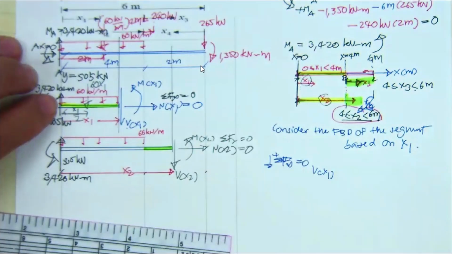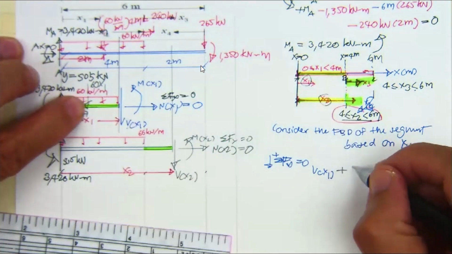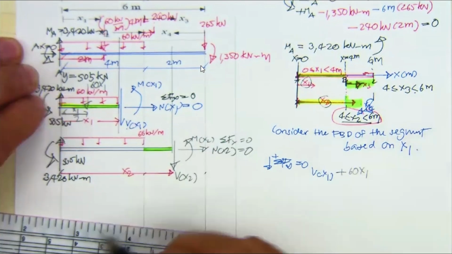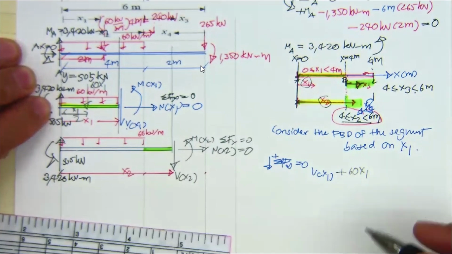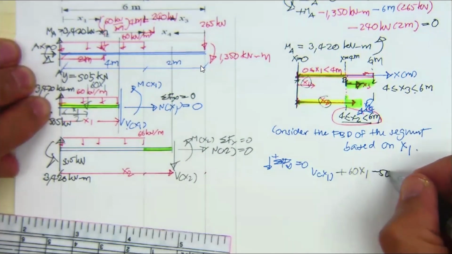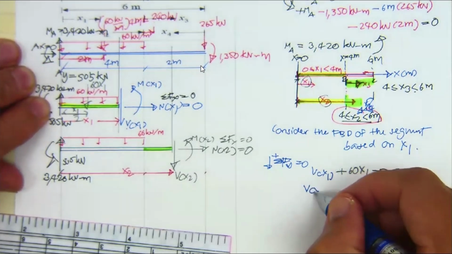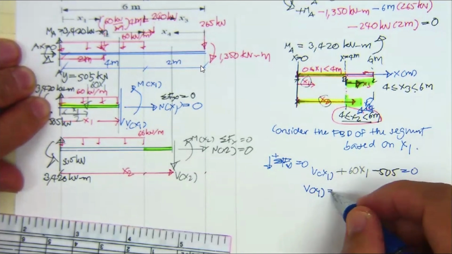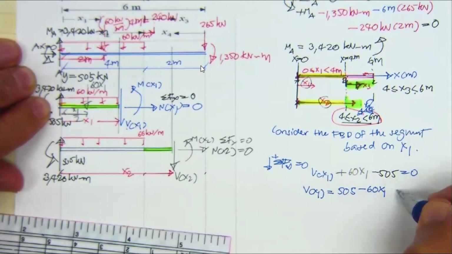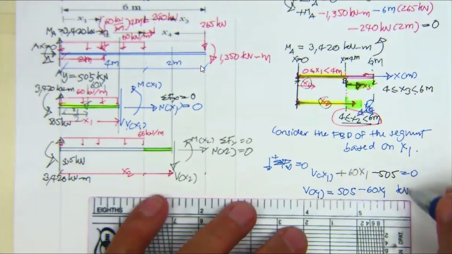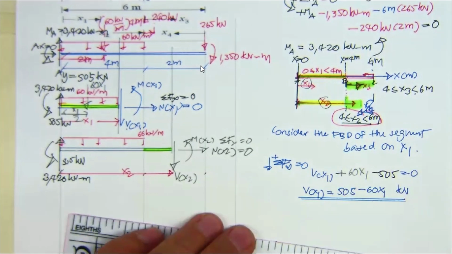If you take this one downward, this one plus 60 x1 downward, 505 upward, minus 505, and then equal to 0. V sub x1 is going to be equal to 505 minus 60 x1 kilonewton. That's going to be the equation for the transverse shear.